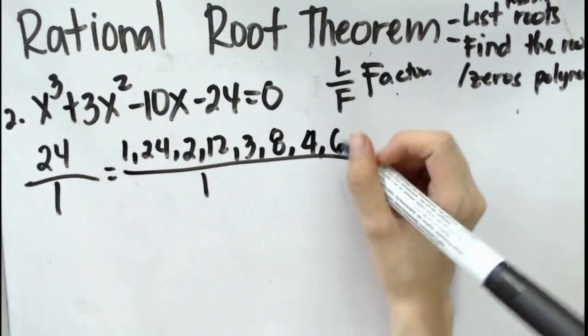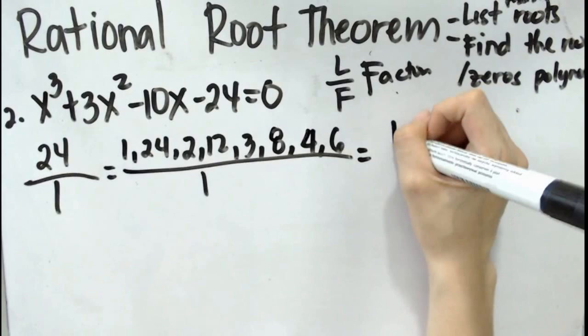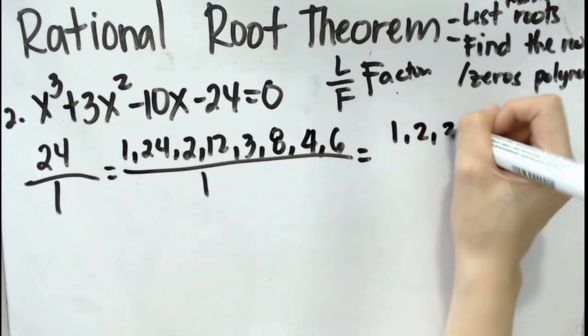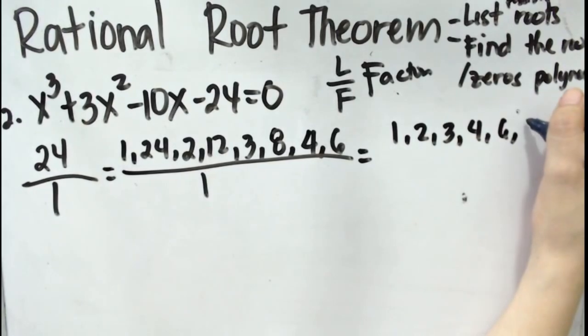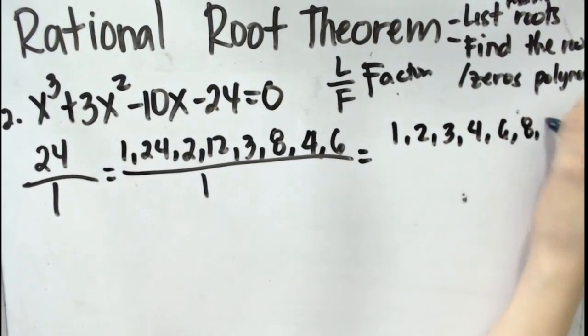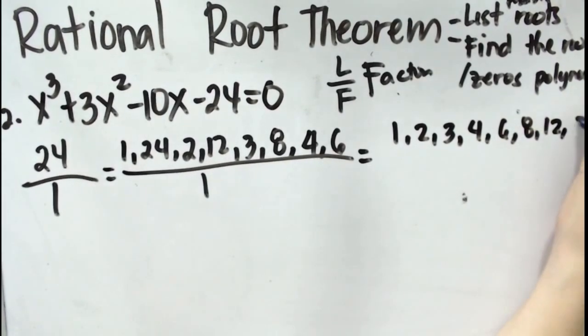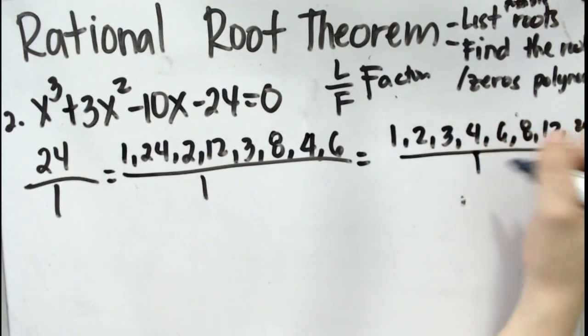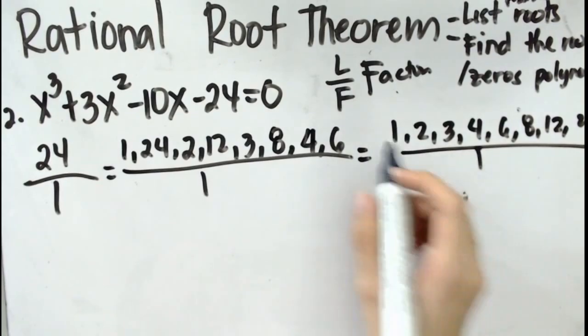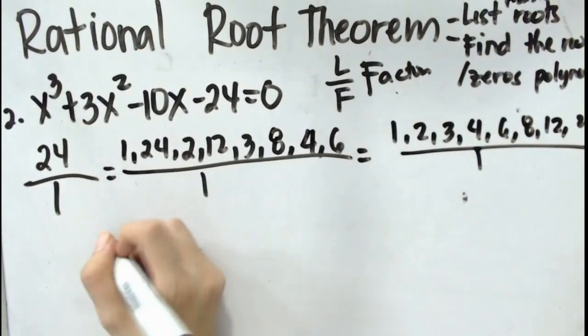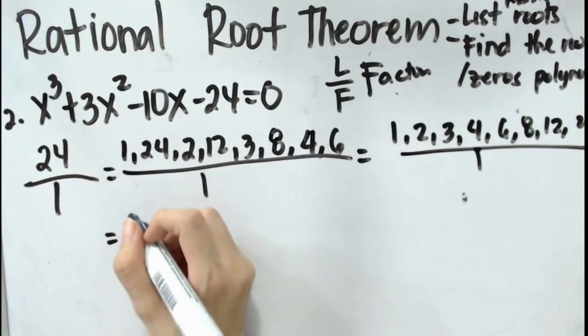Let me rearrange the terms. We have here 1, 2, 3, 4, then 6, then 8, then 12, then 24 over 1. And again, according to the rational root theorem, I just need to pair them up and get the positive and the negative side.